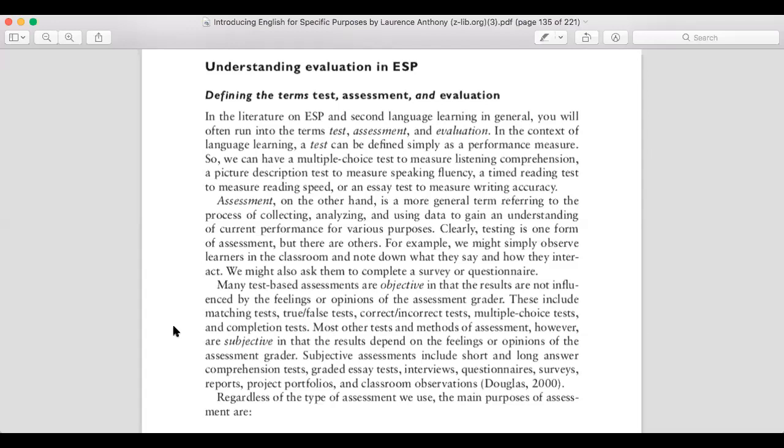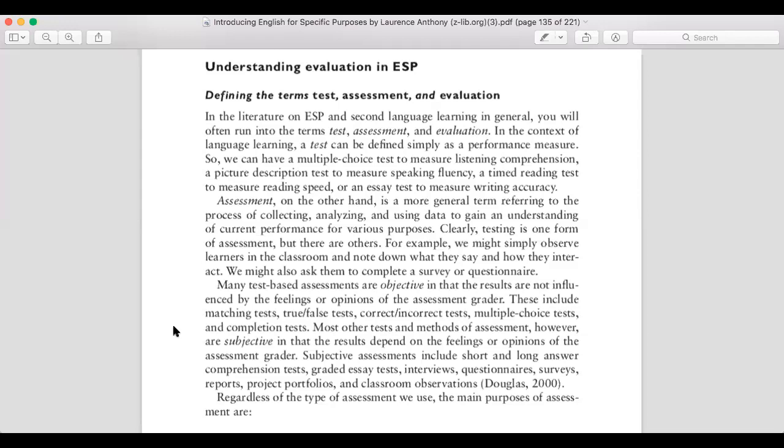That's why objective tests are not influenced by the feelings of the grader. Subjective tests include short or longer answers, and they might have some opinionated questions. Students would be providing different answers to a single question in a subjective test, which is not the case when the test is objective.